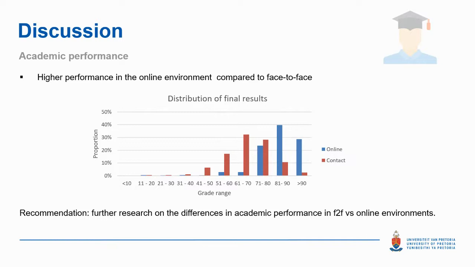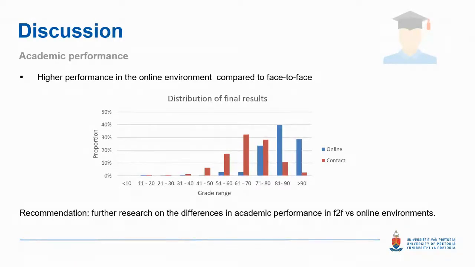And we know, for example, that in the online environment, there's a carousel format, one module at a time, and in face-to-face, you've got concurrent registrations where the load could be higher. Also, in the online environment, we are pacing the students. You should finish this content, these activities within the 8 weeks period.